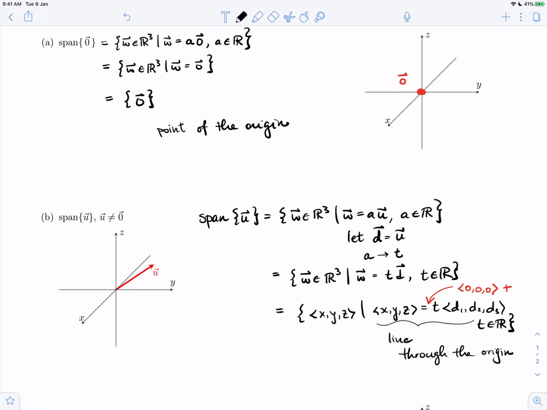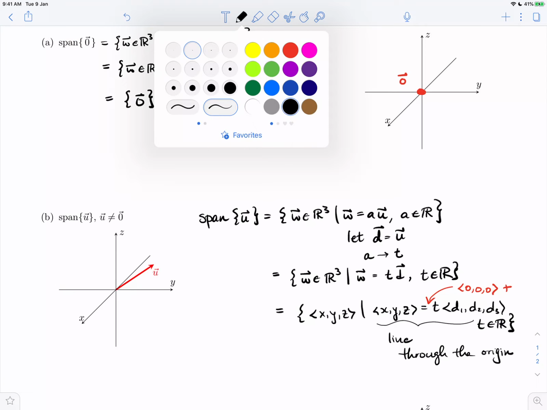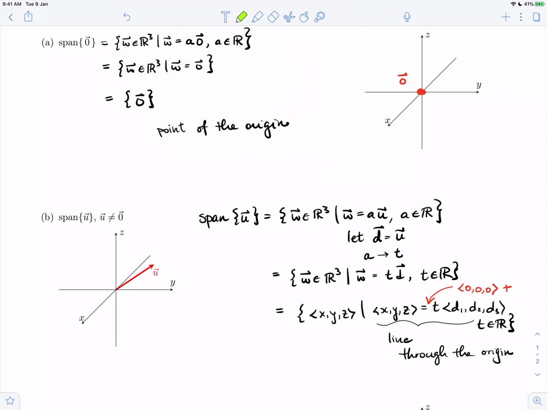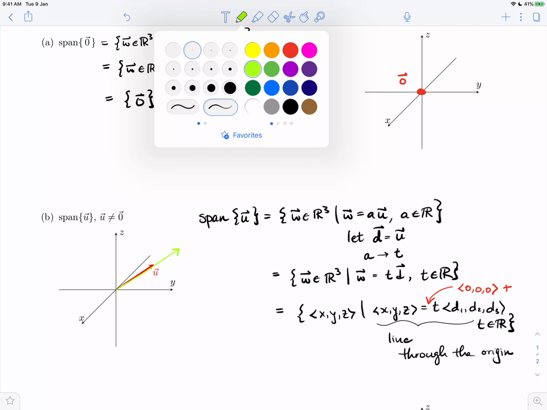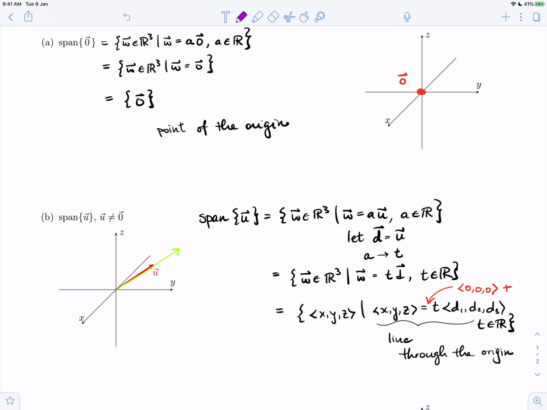If we think about this geometrically from another standpoint, we are looking here at all multiples of this vector u, yes? W, our span, collects together all scalar multiples of this vector. Well, let's just draw some scalar multiples in. If I drew another multiple, well, that multiple has to be parallel. We've seen that vectors are parallel if and only if they are multiples of each other. So I might have a vector there drawn in standard position.